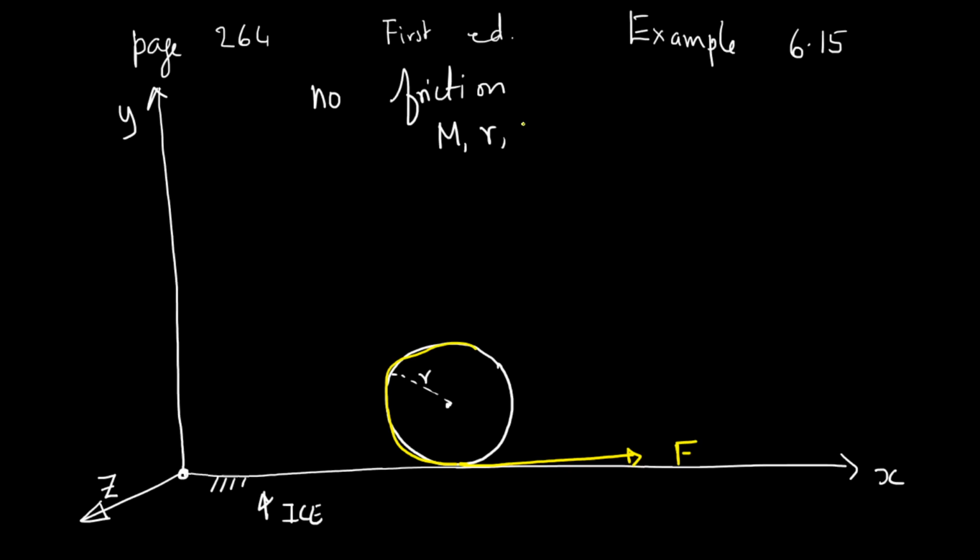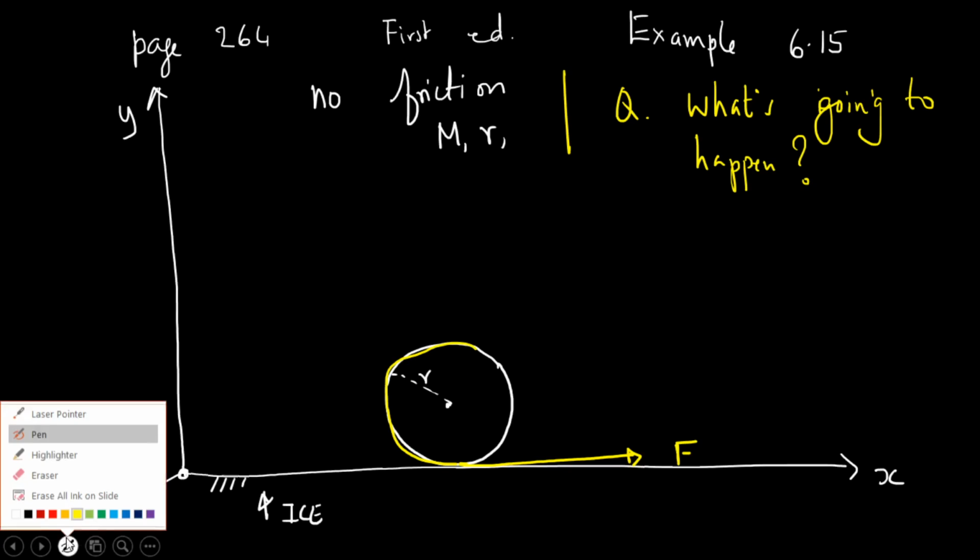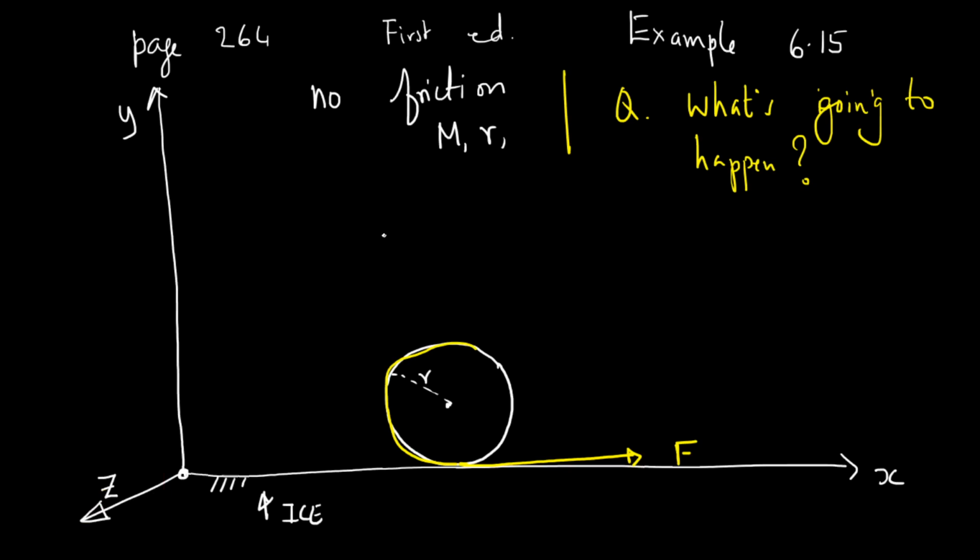So the question is very interesting. What's going to happen? Now, it so happens that we have all the information and all the equations to predict what's going to happen, and that's the good feeling that I was going to talk about.